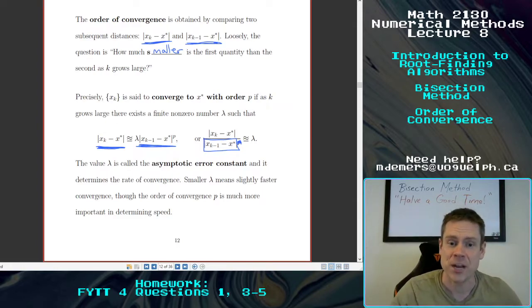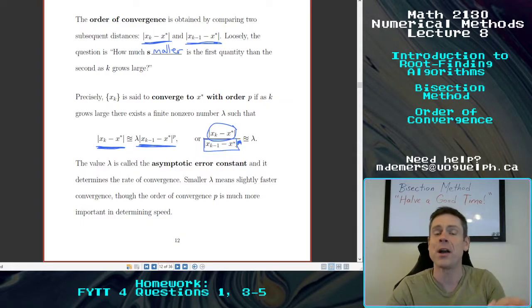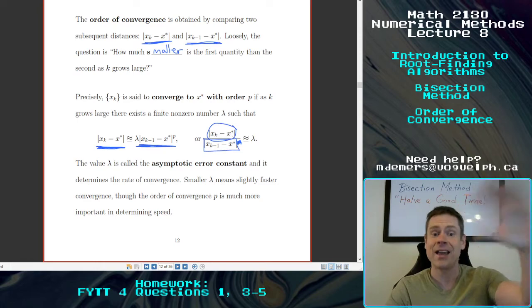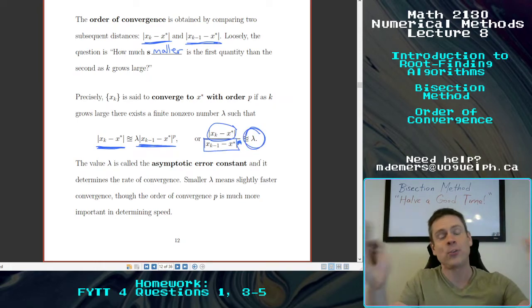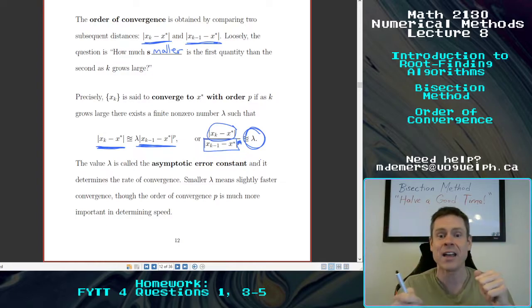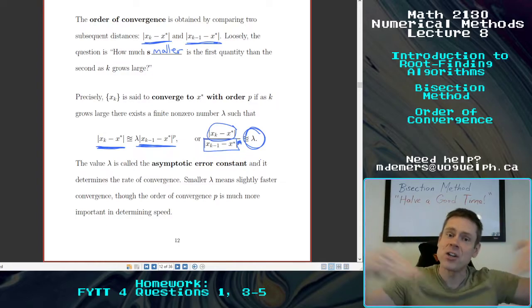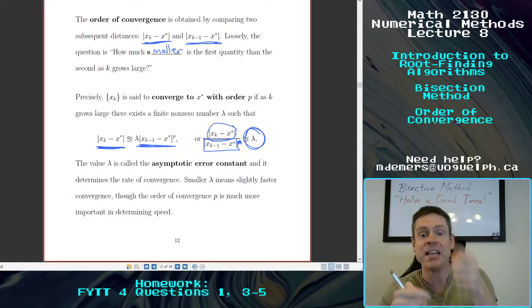Then this relationship is always going to be that the top is half the distance of the bottom. That means that you would get, as k grows large, a constant value right here. So if that distance was halved and then halved and then halved again, that's going to converge on the order of p equals 1.